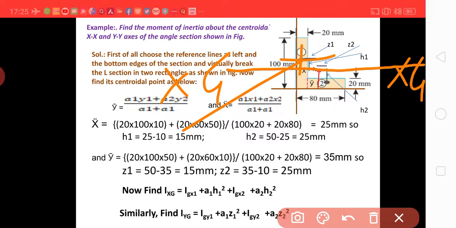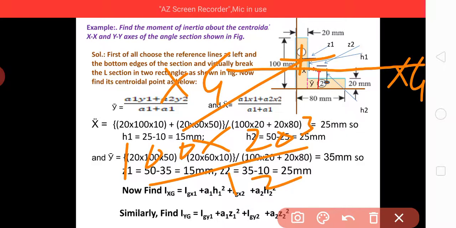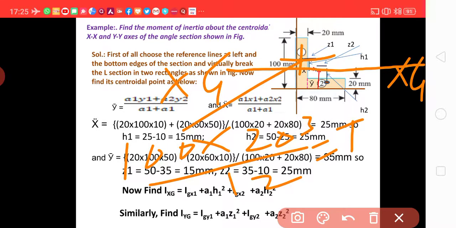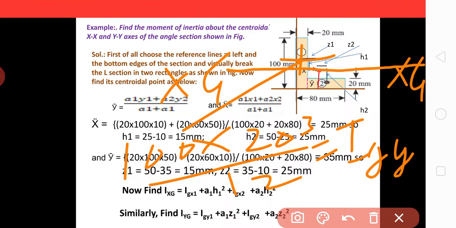That will be how much? 100 into 20 cube by 12, about the y-axis, Igy1.